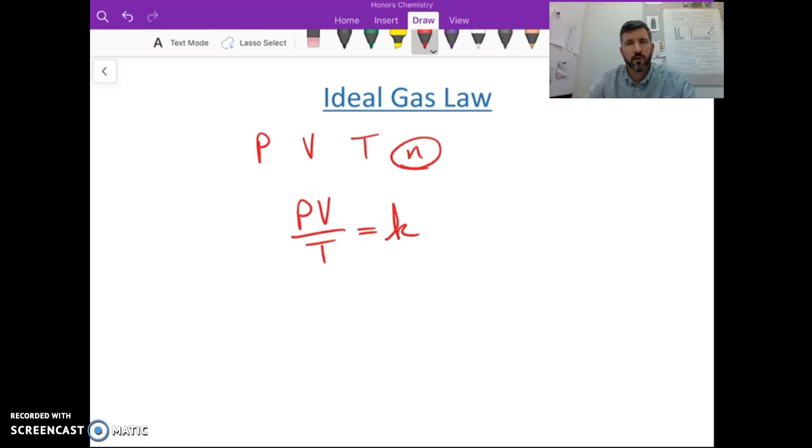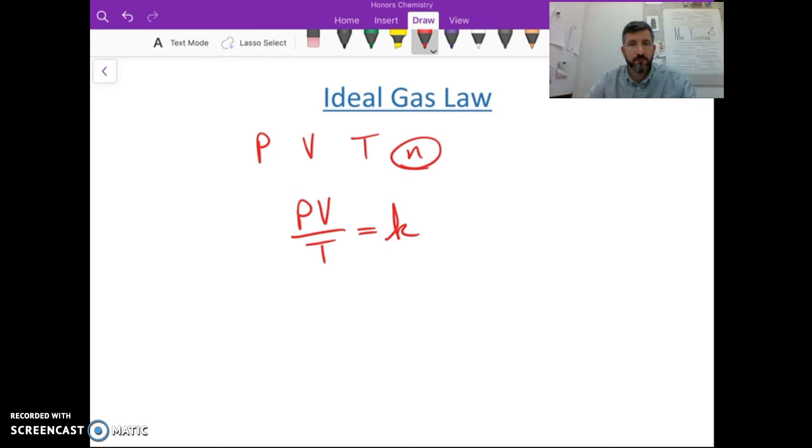So what we're going to talk about is, where would N fit into the equation? If we're wanting to actually make N a variable, something measurable, something changeable, where would it fit into the equation? So let's think about it for a second. How would, for example, volume increase in a sample, let's say a balloon, if the number of moles increases?